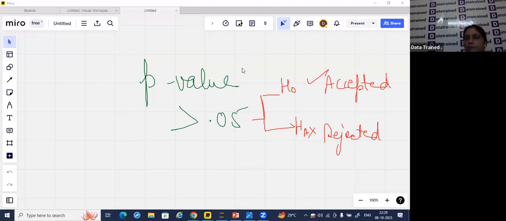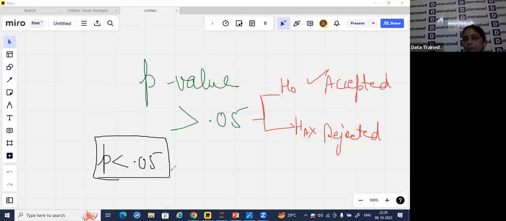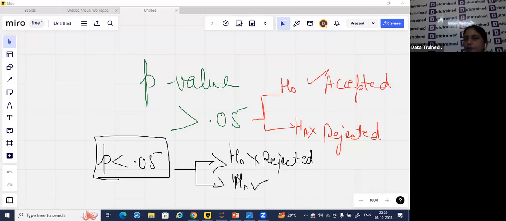Second, if it is reverse, if the p-value is less than 0.05, we will say the null hypothesis is rejected and the alternative hypothesis is accepted.